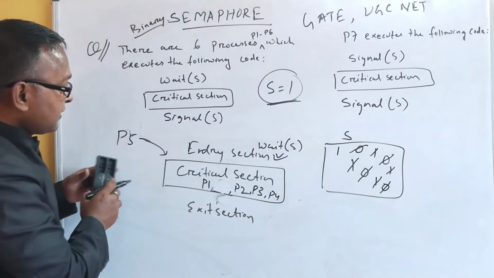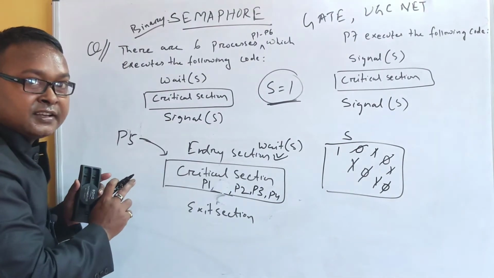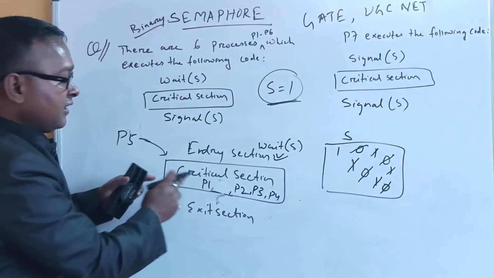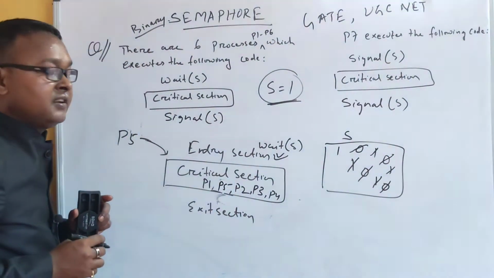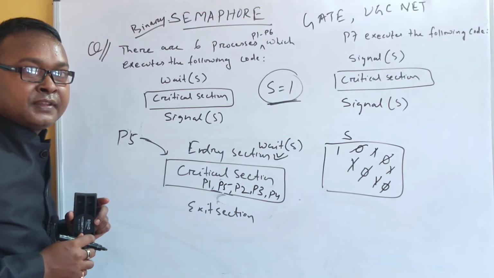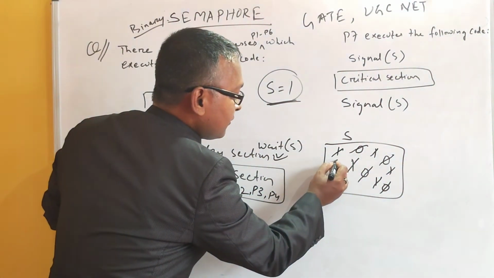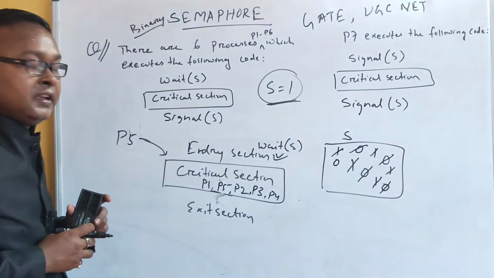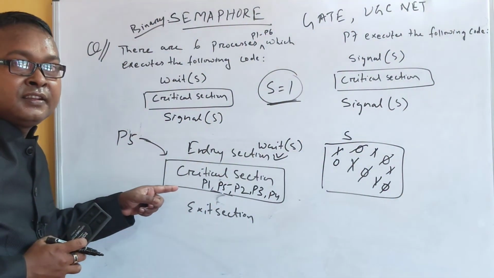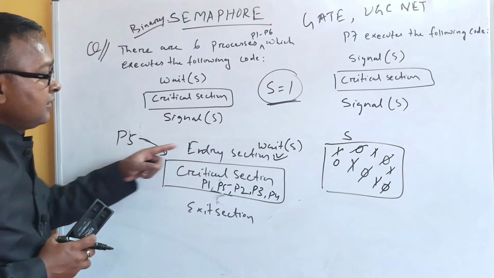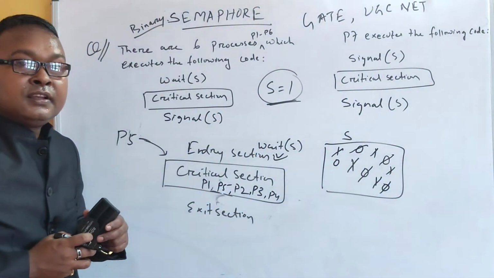So for any other process, if P5 wants to enter, it can enter. Yes, the semaphore value is 1, so P5 can enter into the critical section, thereby decrementing the semaphore value to 0. Right now, P6 wants to enter, can it enter? No, because the semaphore value is 0.